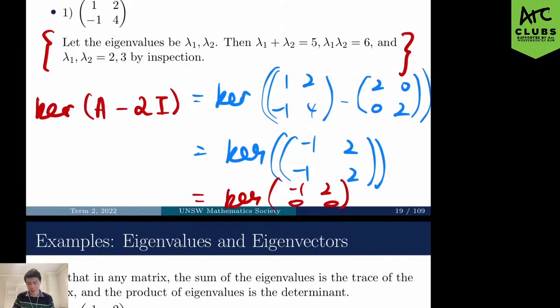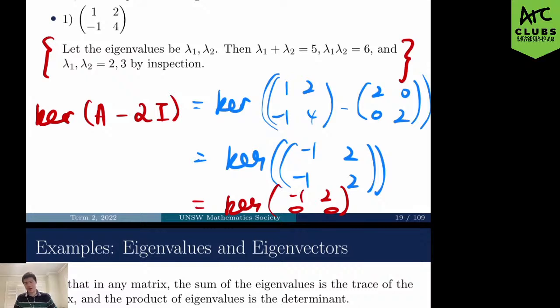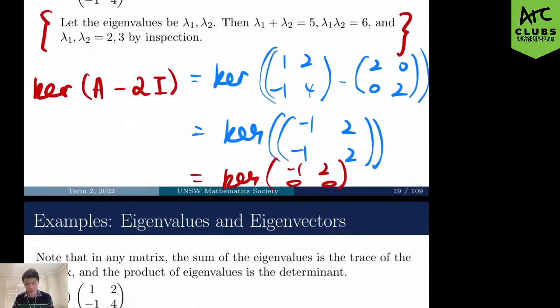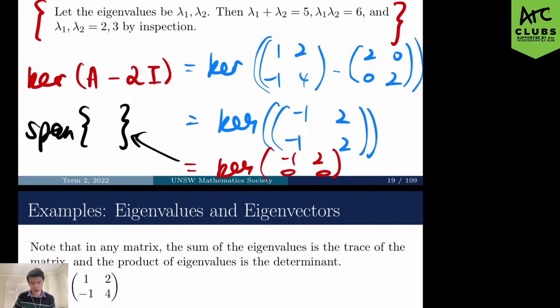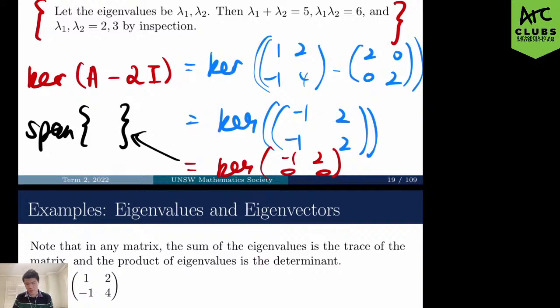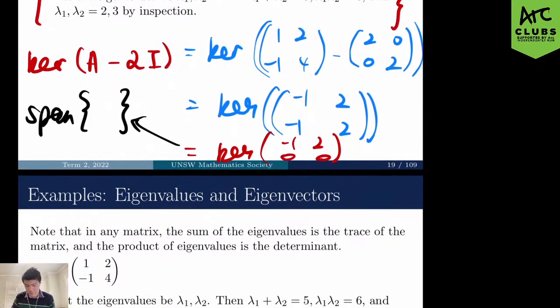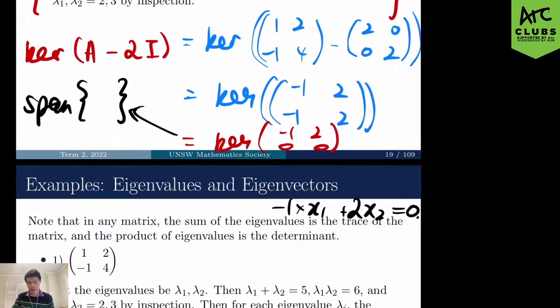And a really nice way to just create the span is you don't need to do that parameter substituting thing from first year. Because you know the dimension is equal to 1, you can just solve this equation trivially. So this is going to be the span of, just find one example of a vector. If minus 1 times the first element plus 2 times the second element is equal to 0, let's make the second element equal to 1.